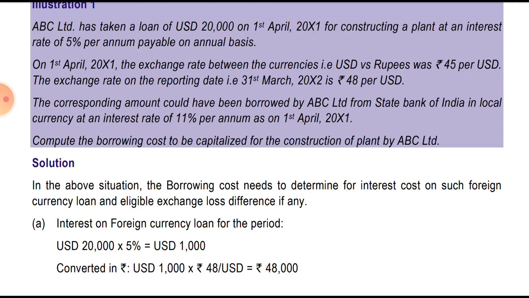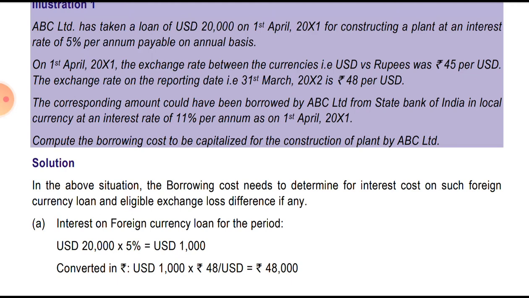Now the exchange difference of 3 rupees: we had to pay 3 rupees more, that is, earlier the exchange rate was 45, but at the end it increased to 48, so our liability increased by 3 rupees per dollar. Multiply that with $20,000, so 60,000 is the foreign exchange loss.